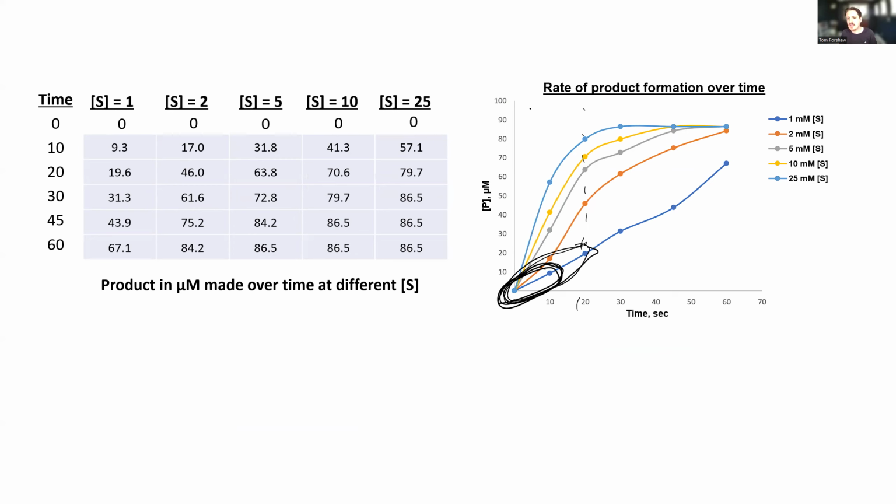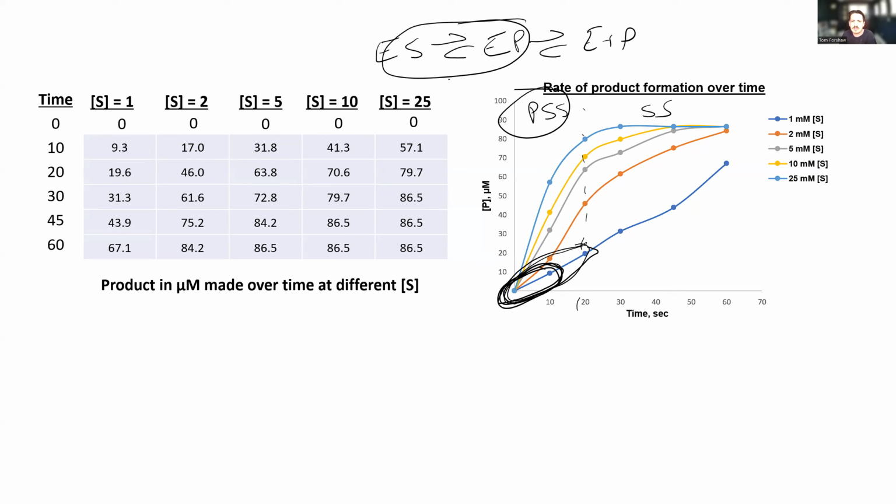But either looks like it's in the pre-steady state versus the steady state, and we want the pre-steady state because we're not worried about EP breakdown to E plus P, and we're just looking at the ES to EP, which is our so-called K2, because this will be K3, and the E plus S is K1. 3 parts to the reaction.